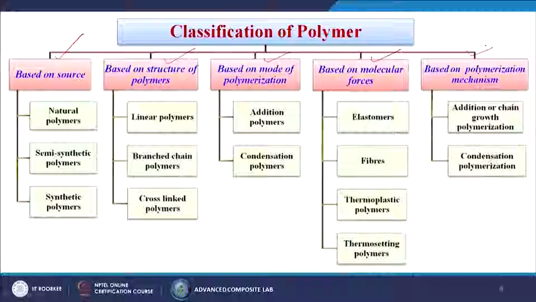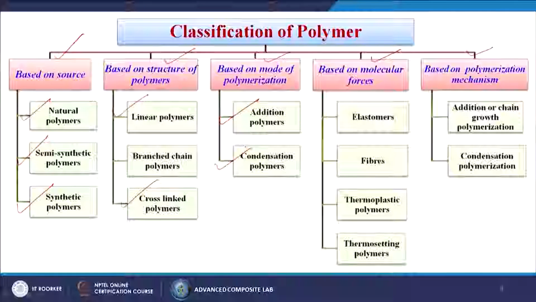First, based on source, it is divided into three parts: natural polymers, semi-synthetic polymers and synthetic polymers. When we talk about the structure of polymers, it is also divided into three parts: linear polymers, branched chain polymers and cross-linked polymers. When we talk about how we prepare the polymers, that means the mode of polymerization, it is called addition polymers and condensation polymers.